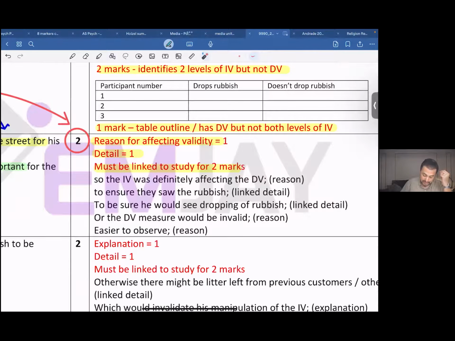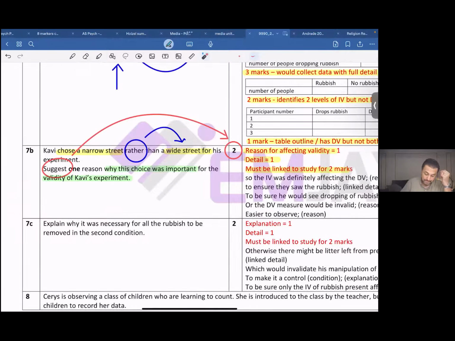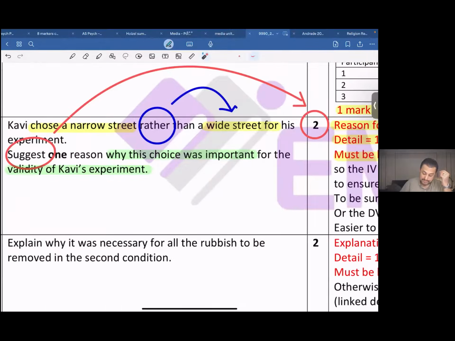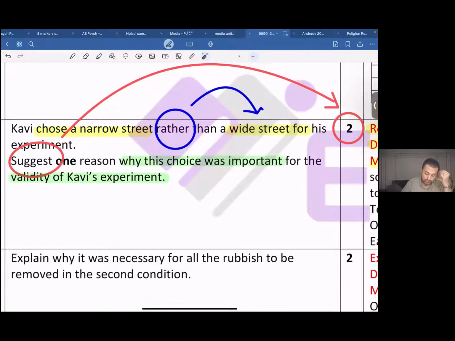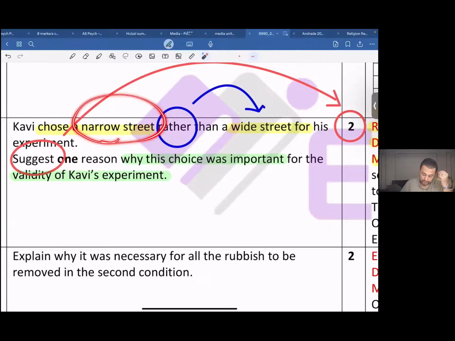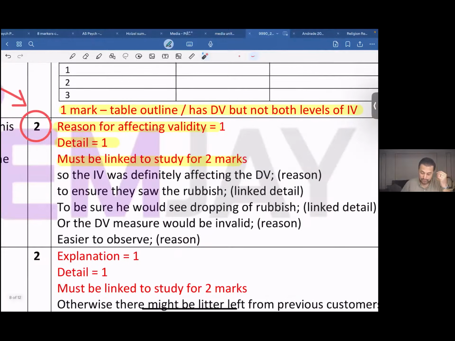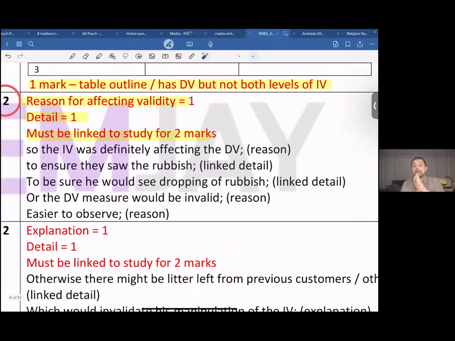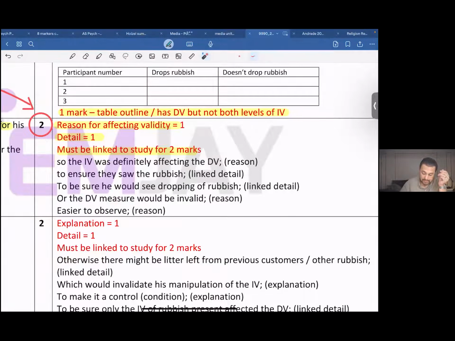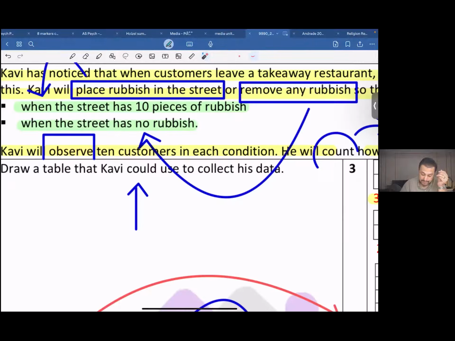Let's read the question again. The question is asking you, suggest one reason why this choice was important. Now, he chose a narrow street. If you have chosen a narrow street, you could ensure that the participants get to see that particular rubbish, and that rubbish over here was operationalized like this, 10 pieces of rubbish, right?